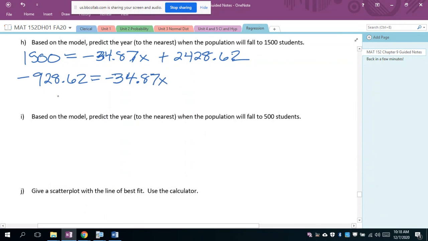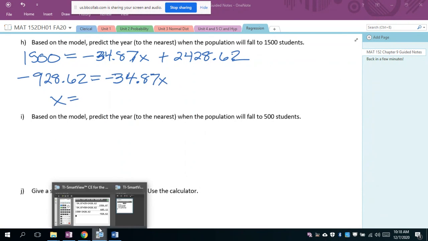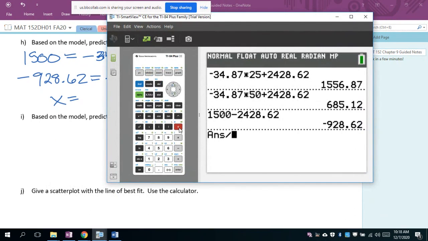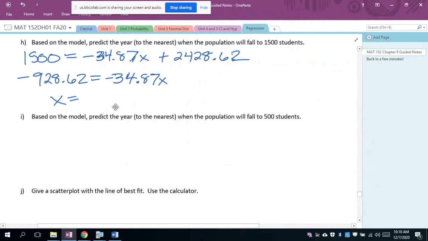Then we divide both sides by negative 34.87, and we get 26.63. We'll do the nearest one, or 27.